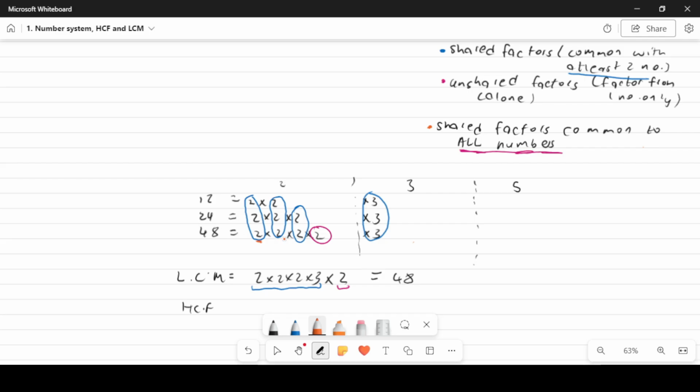It's only this, this, and this. These are shared factors, but they don't satisfy being common to all of the numbers. So therefore, we have to be very specific with what groups we take. So therefore, it'll be 2. Remember we said we take 1 from each group. It'll be 2 times 2 times 3, which is equal to 2 times 2 is 4 times 3 is 12.